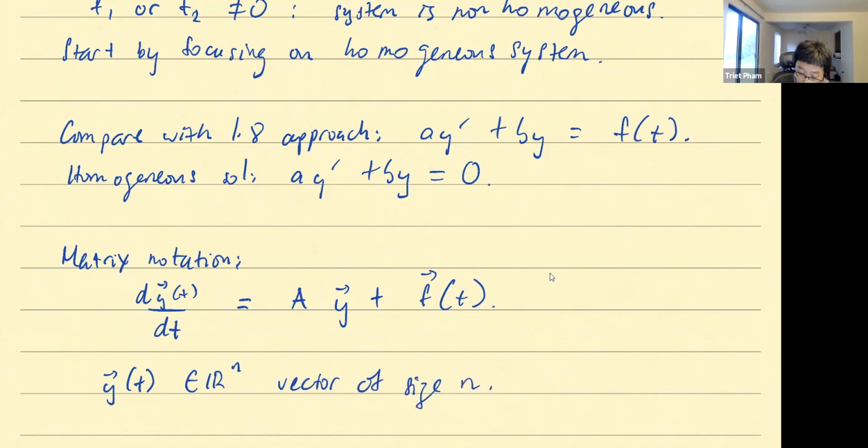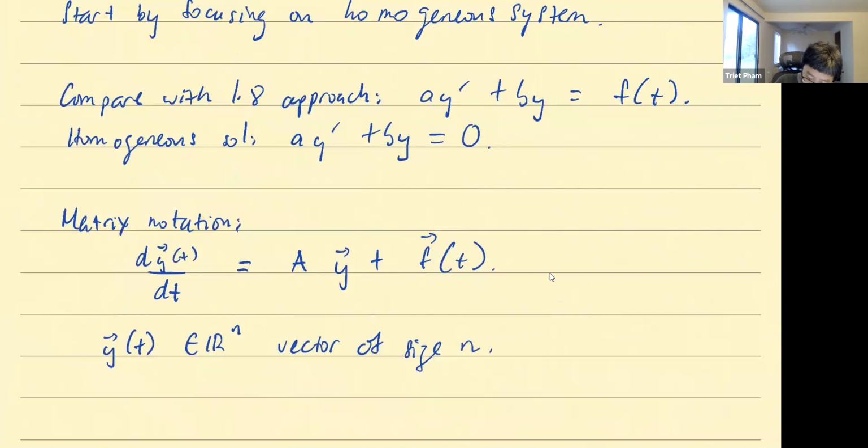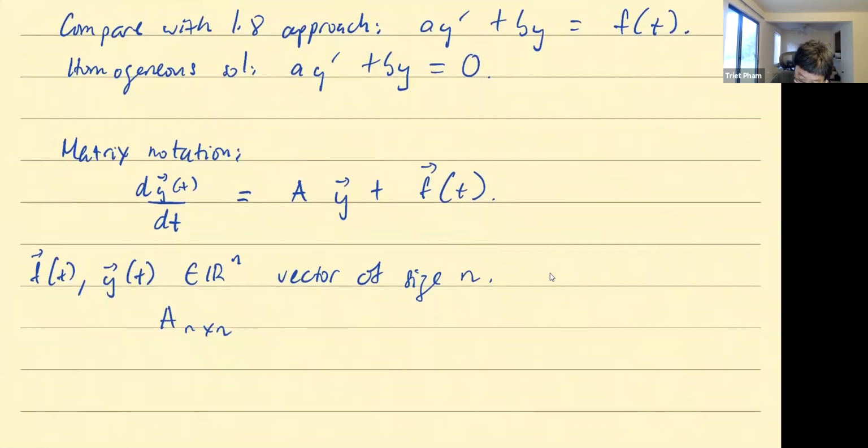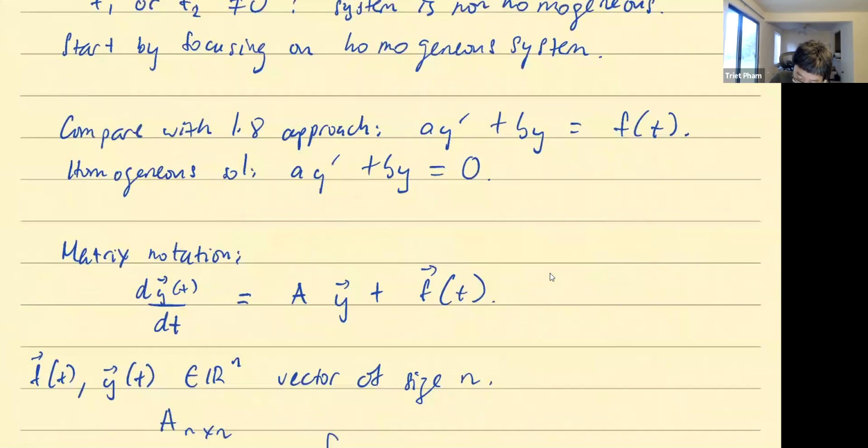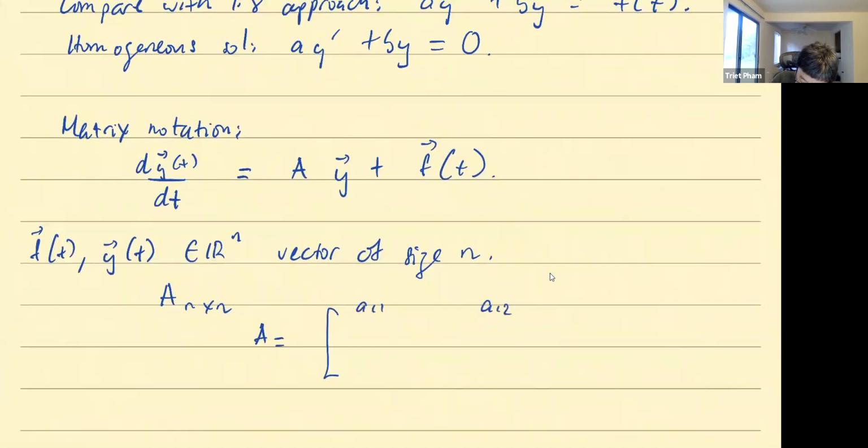A is a matrix, so it maps a vector in Rn into a vector in Rn, so n by n, okay? So A is a square matrix. F is in Rn as well. So f of t, y of t is in Rn, okay? So that's the matrix notation, where of course A, in the above, you see is A11, A12, A21, A22.